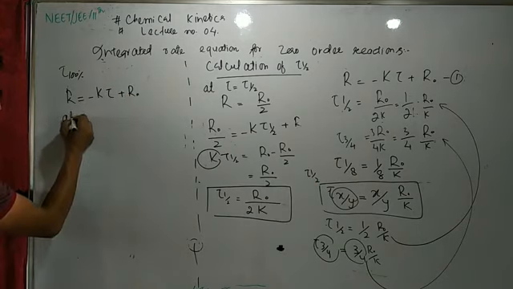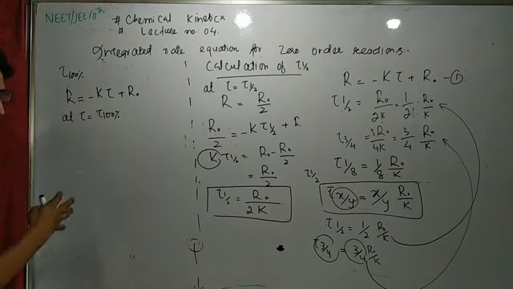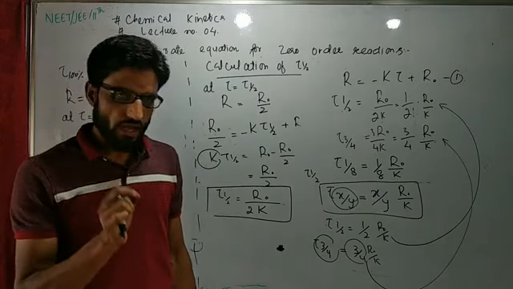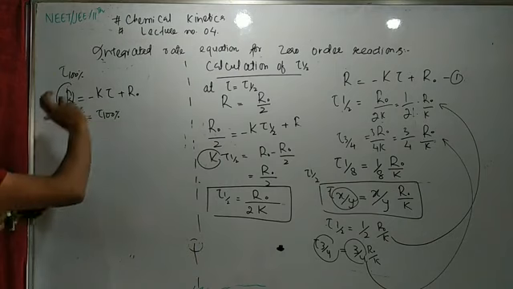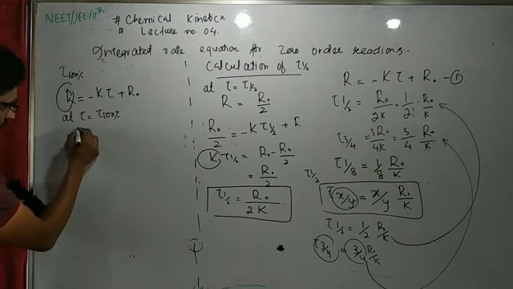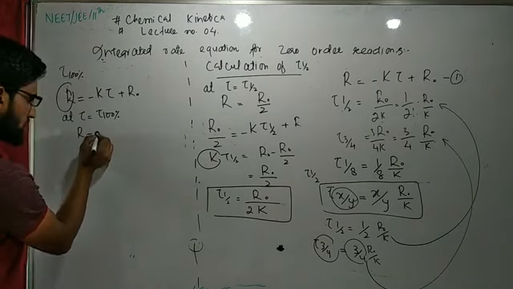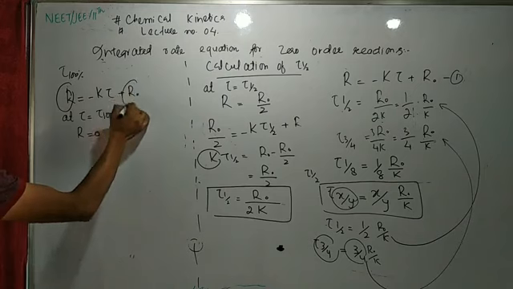Now at T equal to T 100%, that means the reaction is 100% complete. What will be the concentration of R? When the whole of the reactant is converted into products, R will be equal to 0, because there will be no reactant left. All the reactant is converted into product.